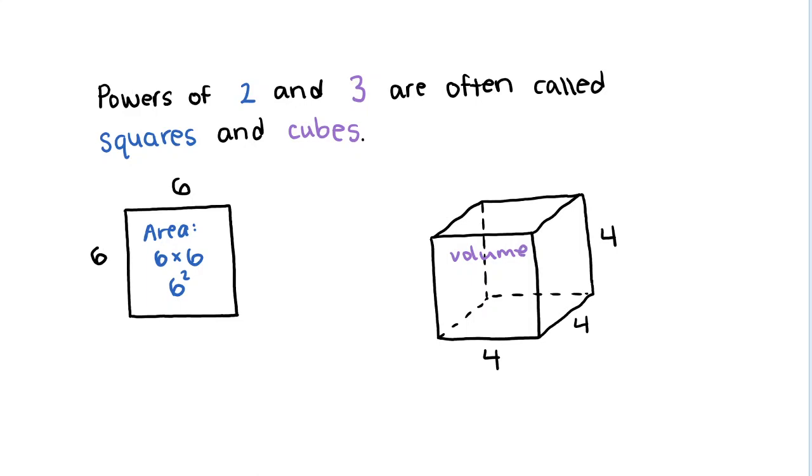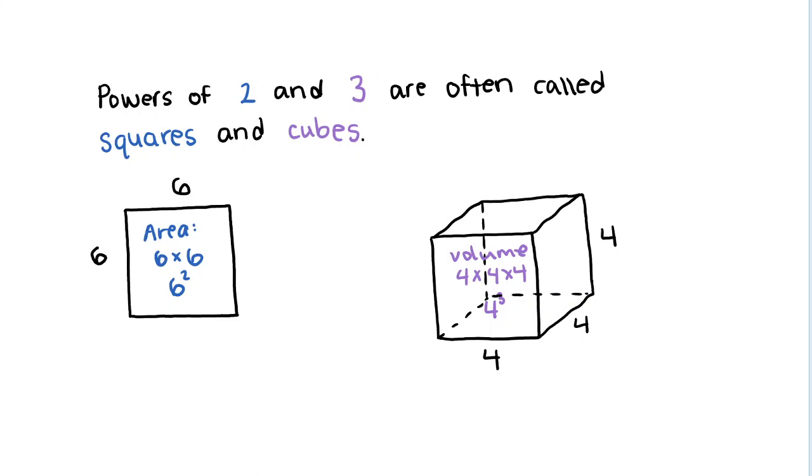It's this three-dimensional space. And for a cube, it comes from multiplying the 3 different kinds of sides together: the length, the width, and the height. So that would be 4 times 4 times 4. In other words, 4 raised to the power 3 would be the volume, or the space inside this cube.